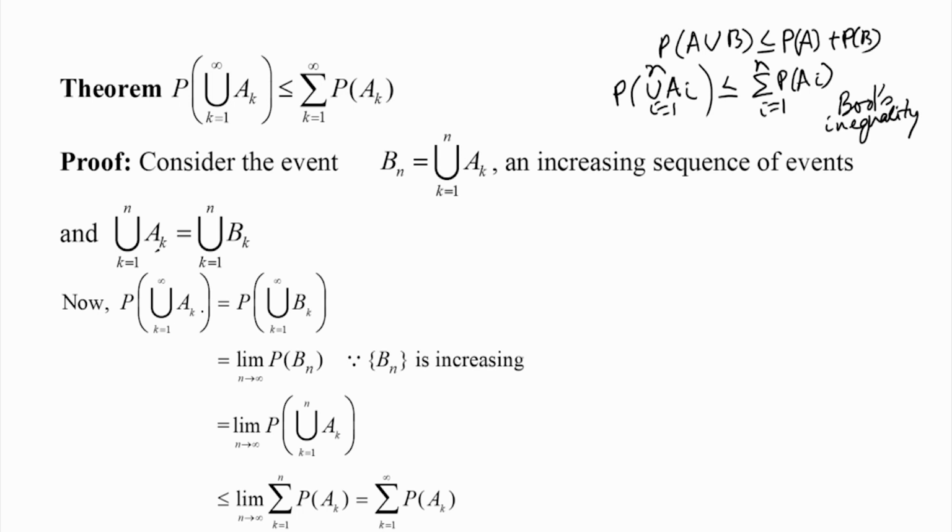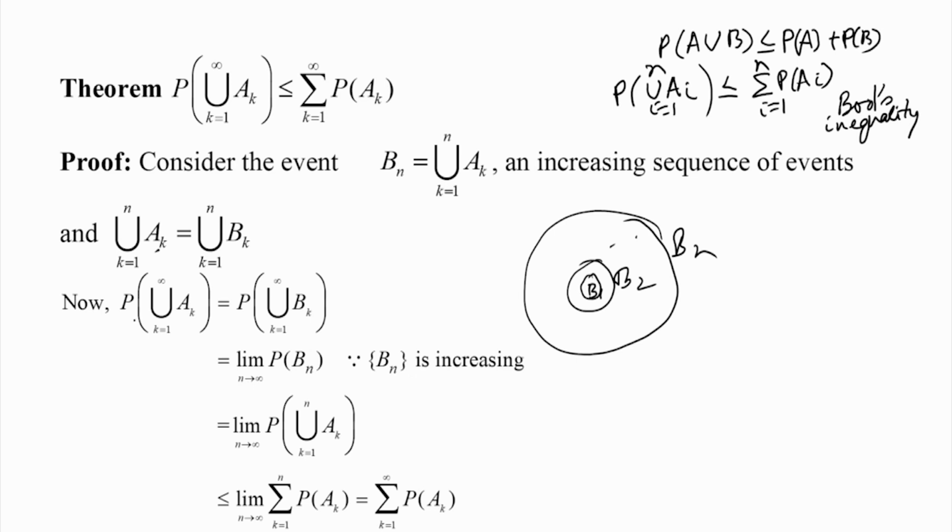Now, let us find out the probability of the union of A k, k going from 1 to infinity. This probability is the same as the probability of the event union of B k, k going from 1 to infinity. Now, this is an increasing sequence of events, therefore we can apply the continuity theorem. This B k sequence is B 1, B 2 and so on, an increasing sequence of events, suppose this is B n.